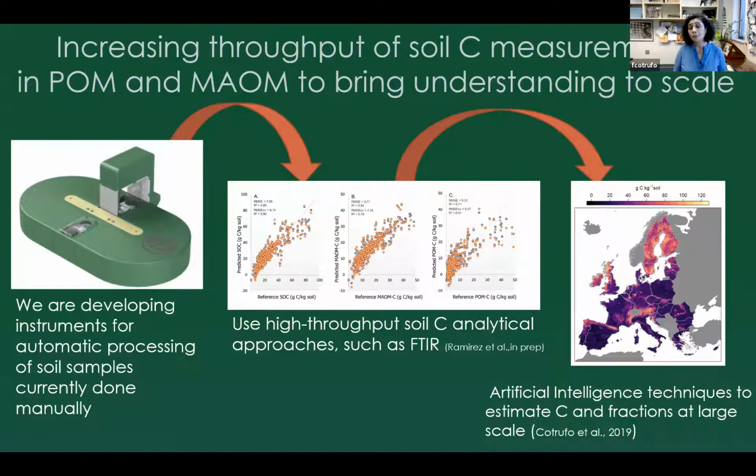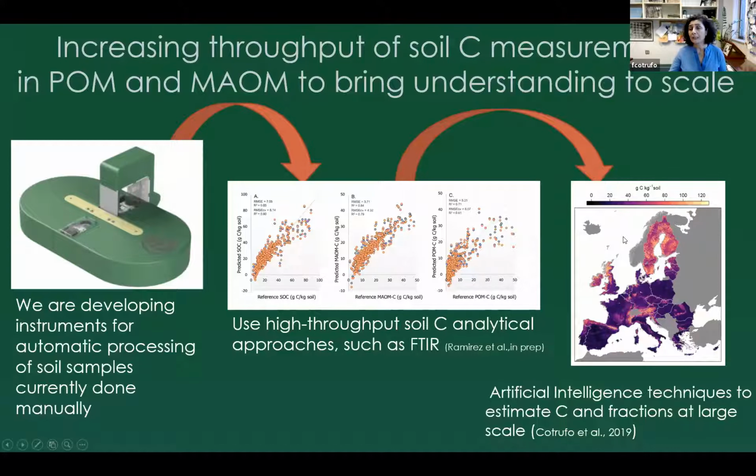Another thing that we are doing in collaboration with Francisco Calderon and Paulina Ramirez is to try and understand if we can use FTIR to actually predict those fractions. And that seems to be having some very interesting results.